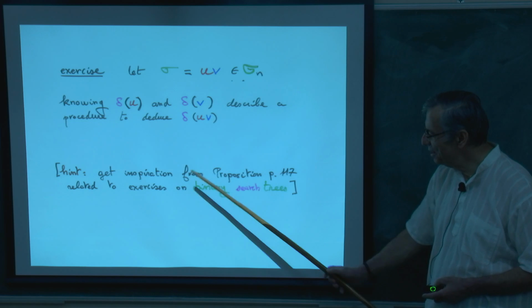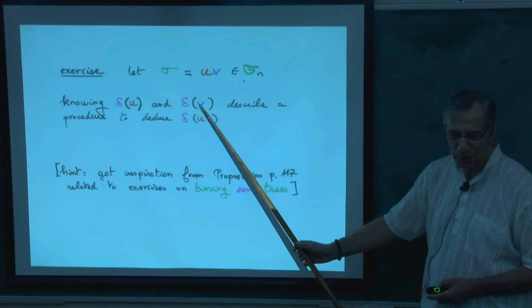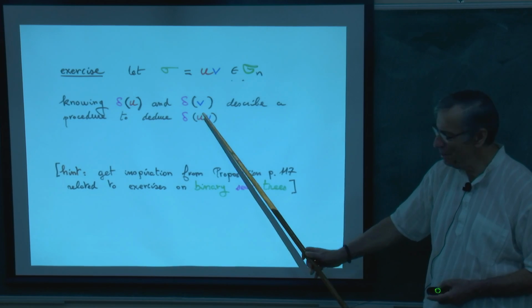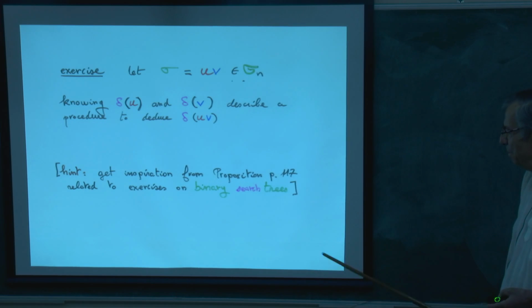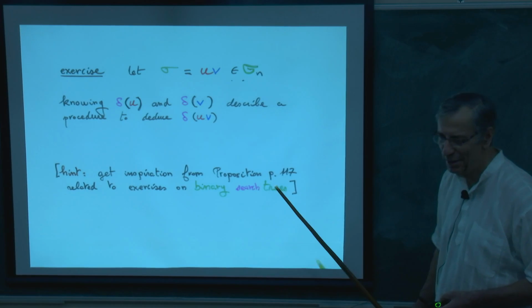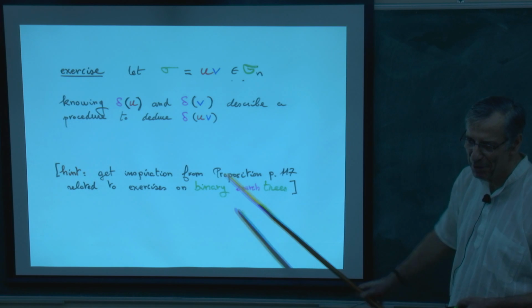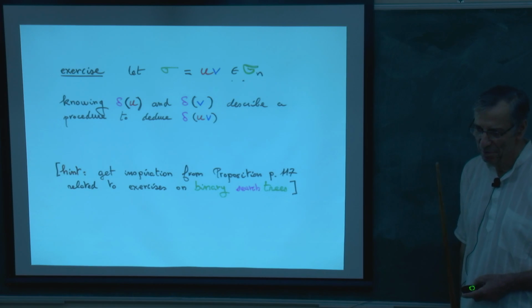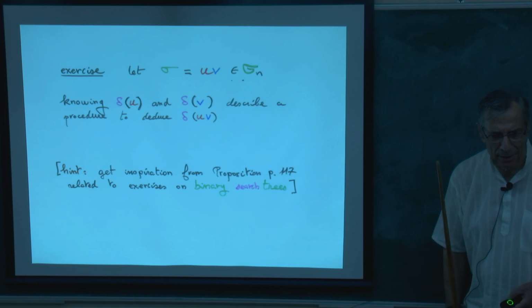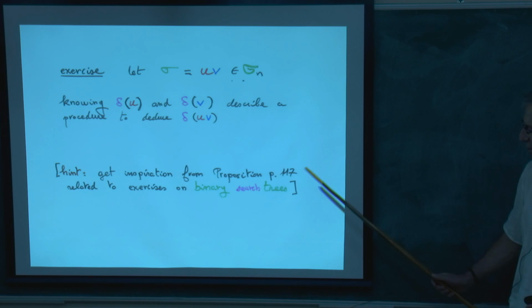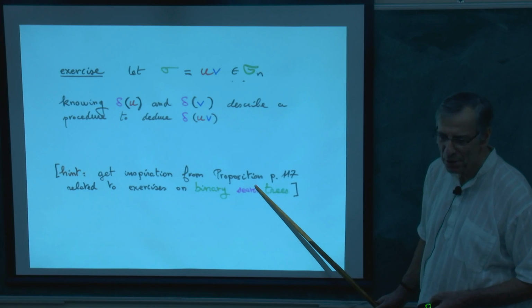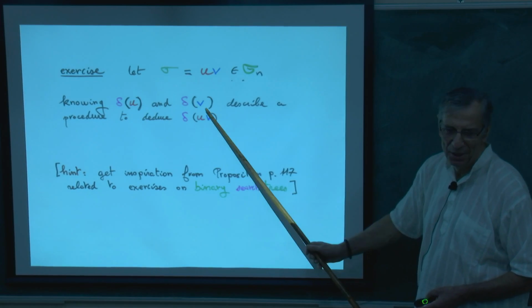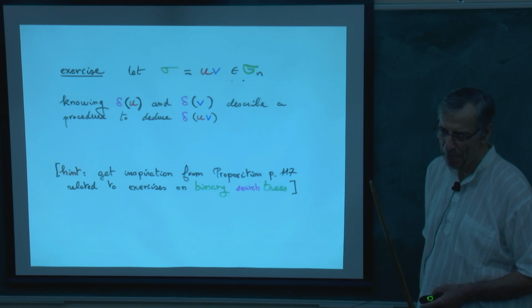I give you a hint to get the procedure. It may be difficult to imagine, but you get the inspiration from the proposition on page 117, in the exercises on binary search trees, which I hope I have time to give you today. There is a proposition on the slides which is coming next, and from this proposition you get the inspiration to construct the algorithm.